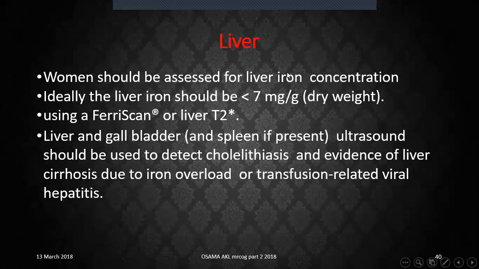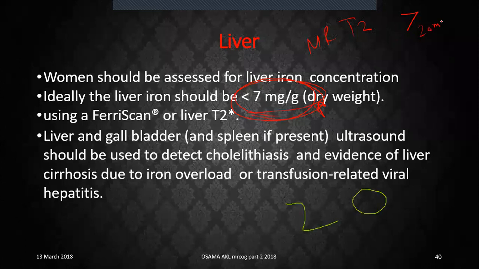Liver, it's very important to assess amount of hepatic iron. We need hepatic iron to be less than 7 milligram per gram of liver. Very important number. Okay, so we need MRI T2 to be more than 20 milliseconds.